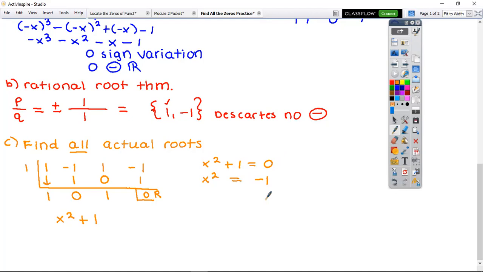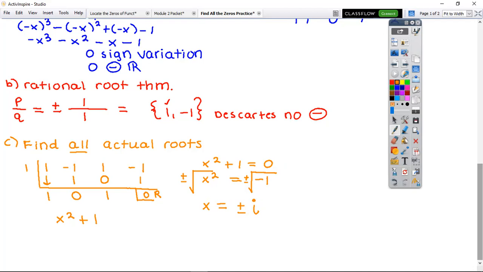Keep that in mind as a way to help yourself remember that plus and minus. So plus and minus, square root, and then plus and minus, square root, and this is where your other 2 roots come from. So x is equal to plus and minus what? I. Very good.